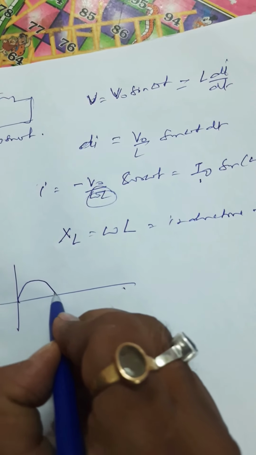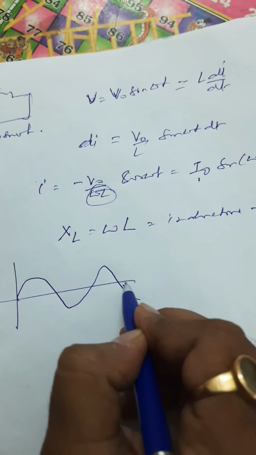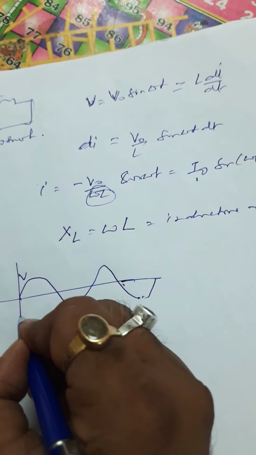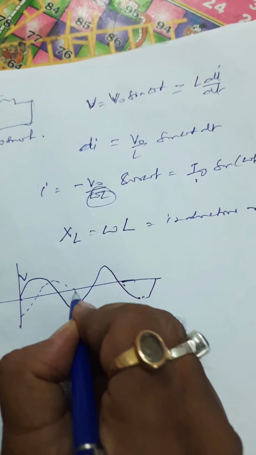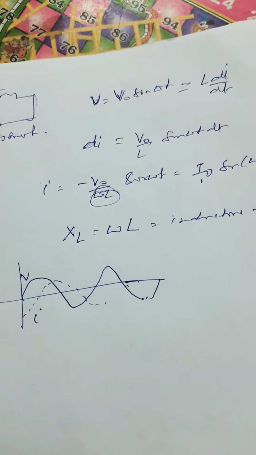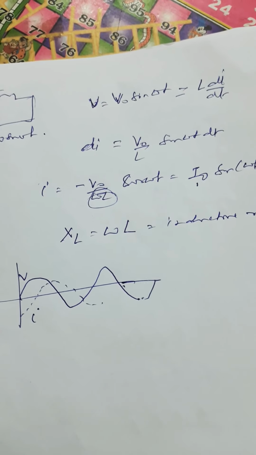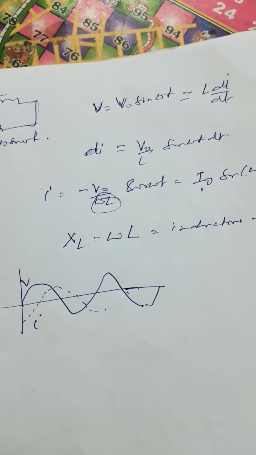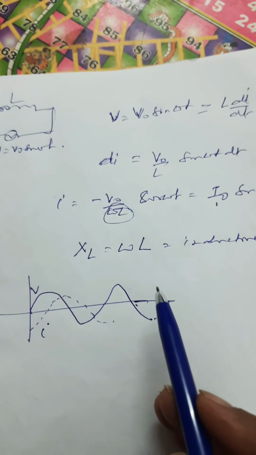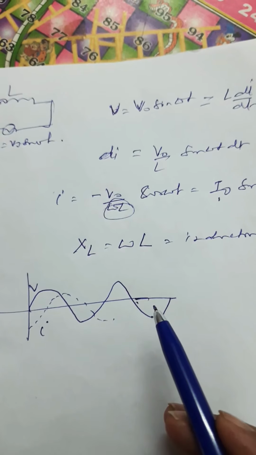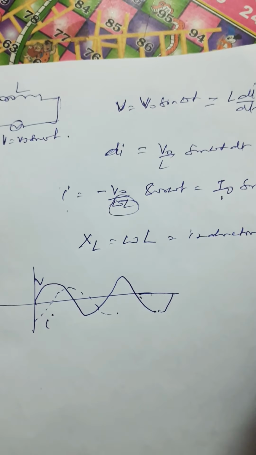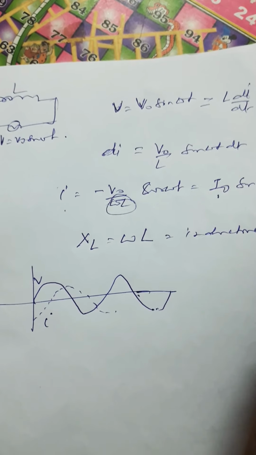Suppose this represents the sinusoidal voltage V, then this will represent the current I. So what we can say is that the current in the inductor lags the voltage by 90 degree, pi by 2.